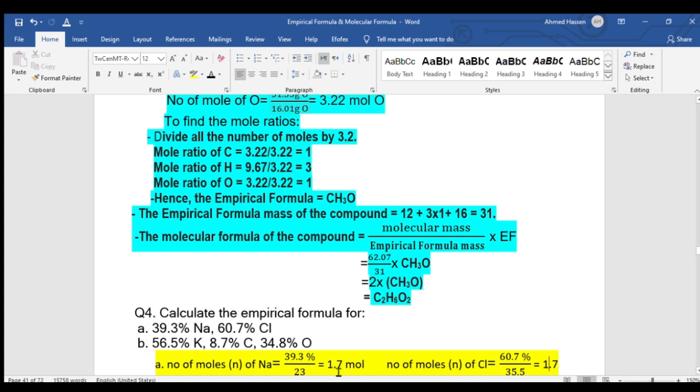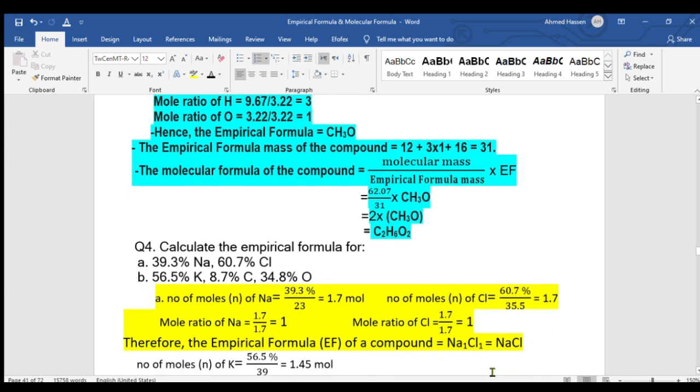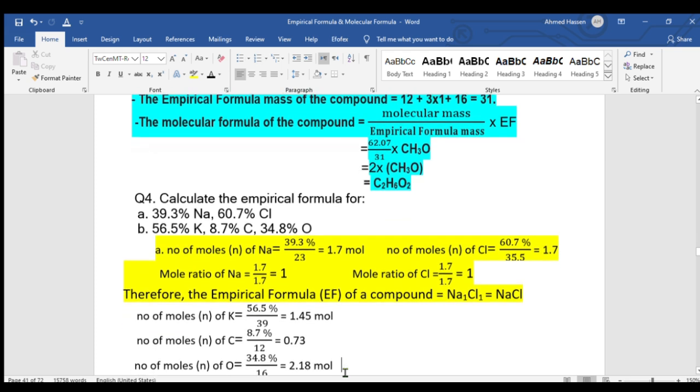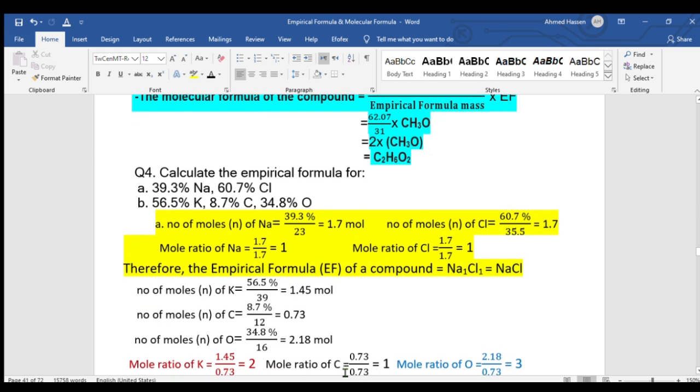Therefore, both are the same in number, 1.7 and 1.7. Dividing 1.7 by 1.7 becomes 1. Therefore, the empirical formula will be Na1Cl1, that means NaCl. This is the calculation for part A.